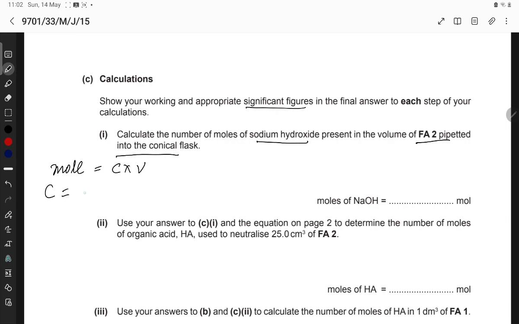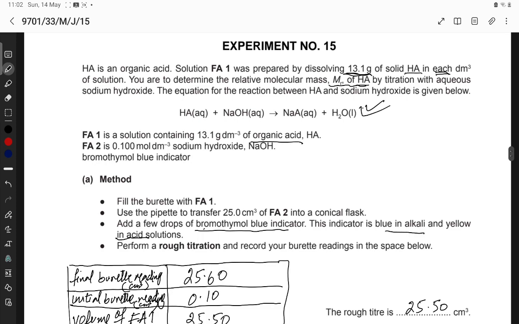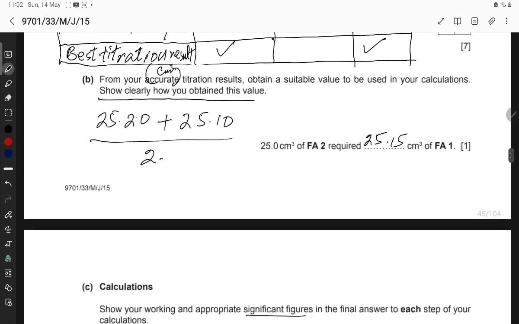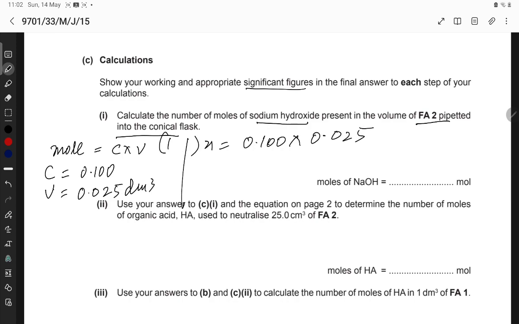We have concentration 0.100, which is given in the question for sodium hydroxide, and 25 cm³ of Fa2 is pipetted out, so the volume is 0.025 dm³. So n is equal to 0.100 into 0.0250, n of sodium hydroxide.